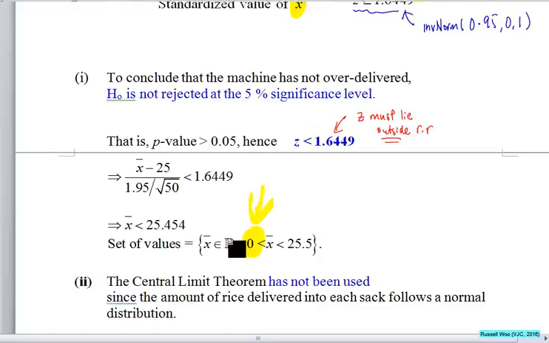In the small X bar, the sample mean, if X bar lies between 0 and 25.5, you would not have rejected the null hypothesis. Correct? You would not have rejected the null hypothesis. So actually, what do they want?